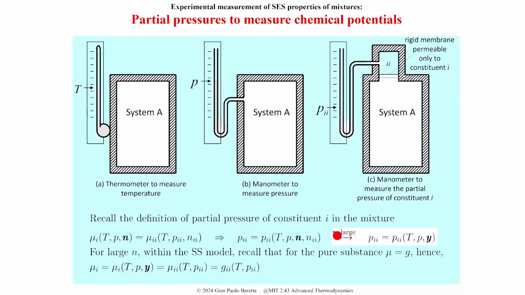The absolute amounts drop out for large n, so the dependence is only through the relative composition of your mixture, so the percentages of how many molecules of each type I have in my mixture.